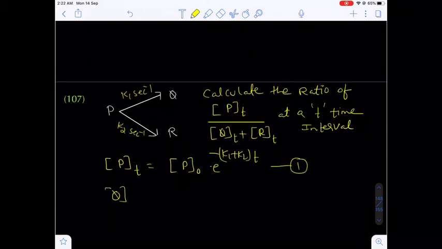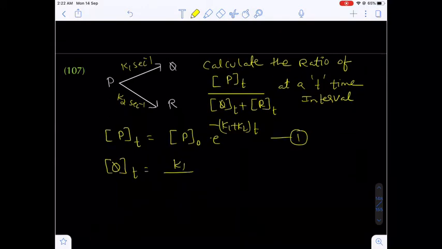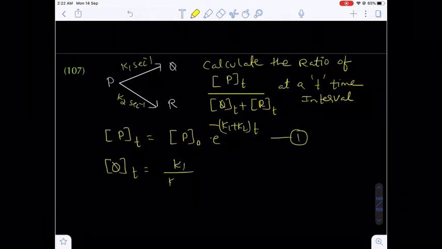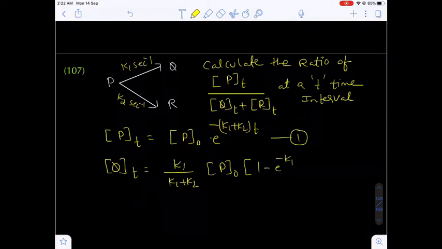Now what is the concentration of product Q at a certain time interval t? That will be equal to K1, the rate constant for the formation of Q, and its stoichiometry is already 1. So K1 by K1 plus K2 times the initial concentration of reactant P0 into 1 minus e to the power of minus K effective into time.